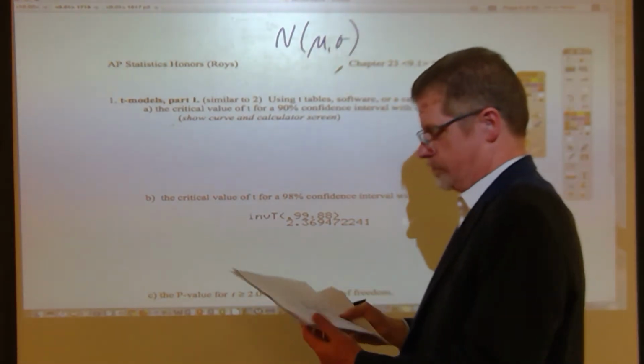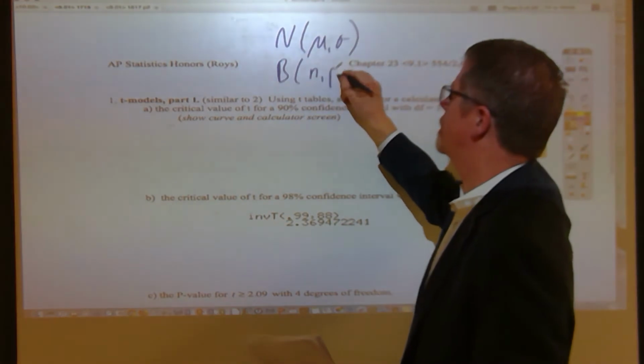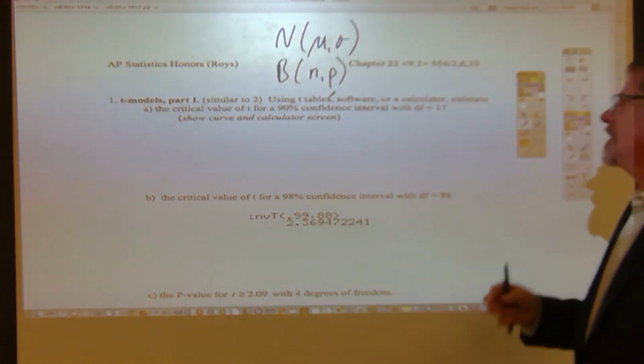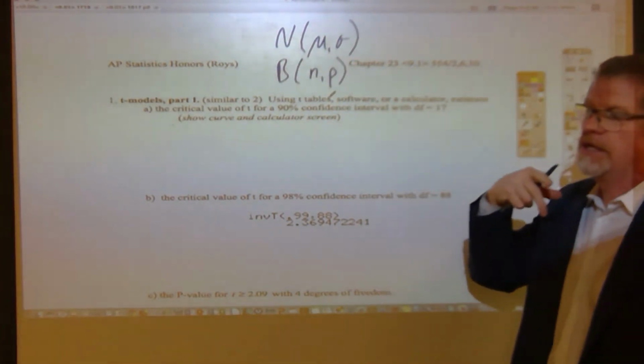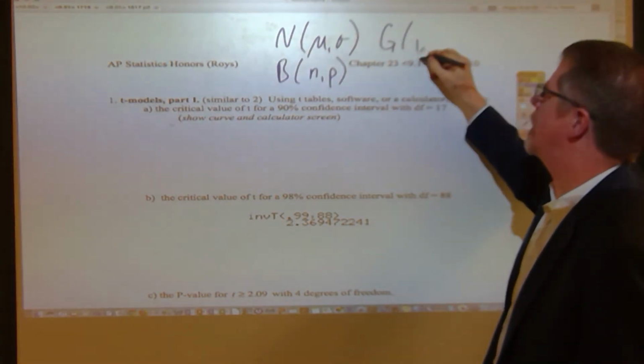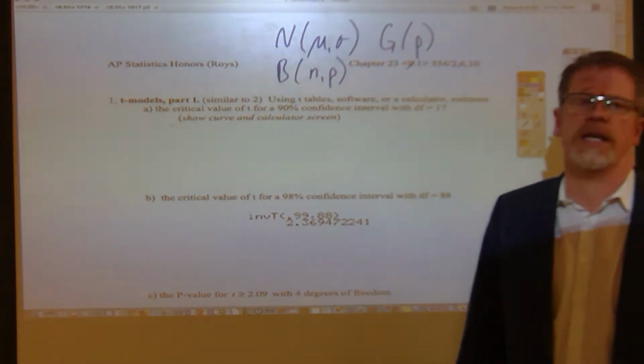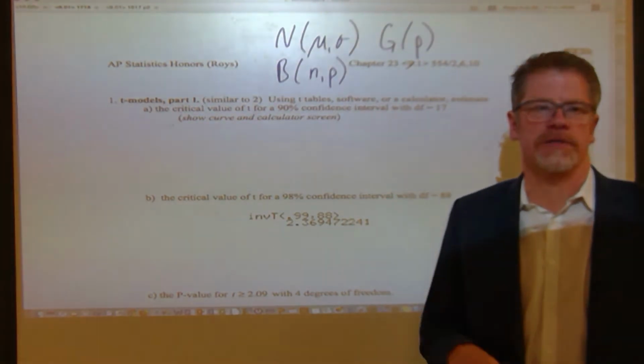We have seen binomial models that require 2 parameters, a fixed number of trials n and probability p. We've seen the geometric model, which requires only 1 parameter. So we've really only had 3 models so far.